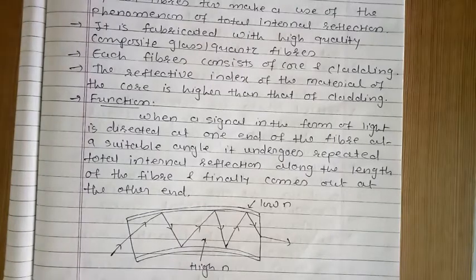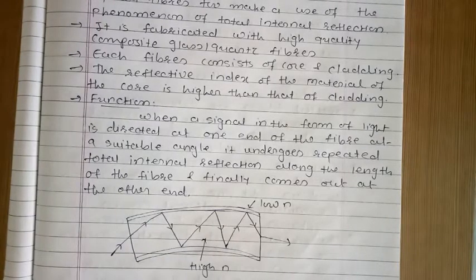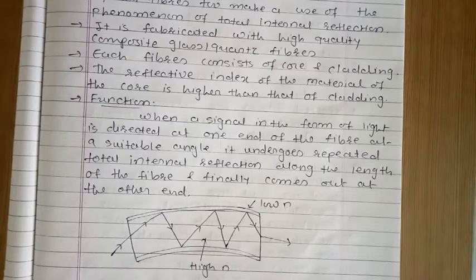Now you can see the design of the optical fiber like this. Even if the fiber is bent, light can easily travel along its length, right? This optical fiber can be used as an optical pipe because it carries the light.